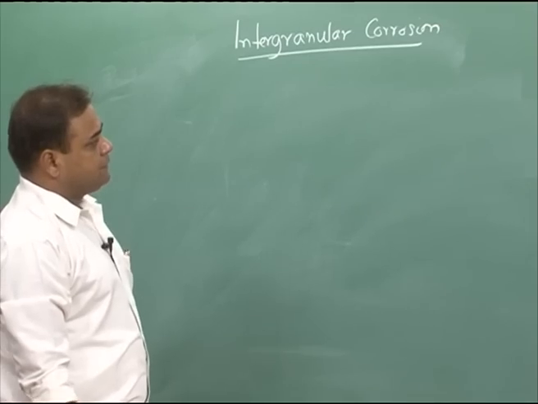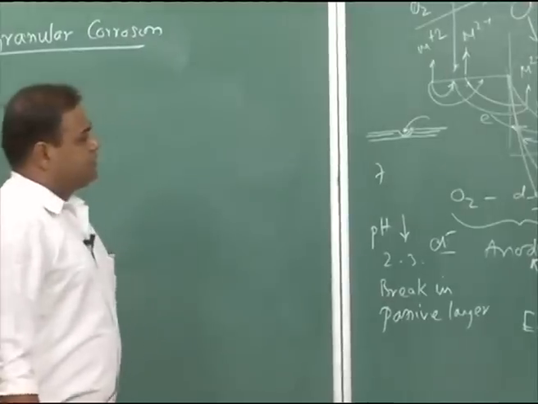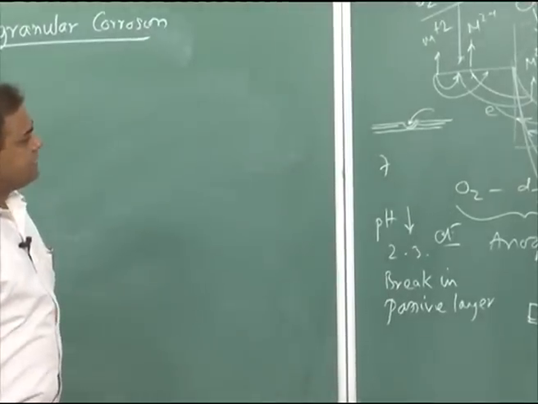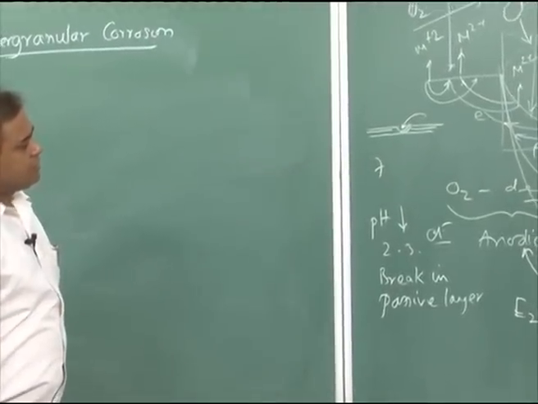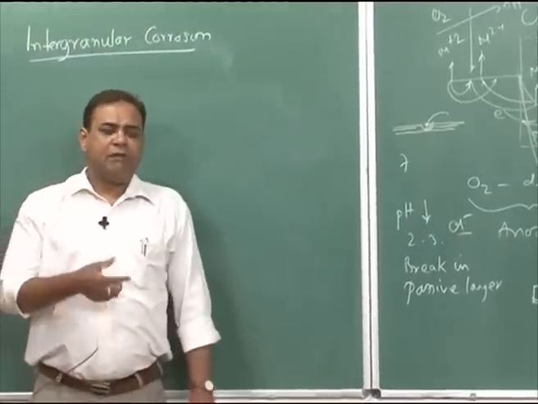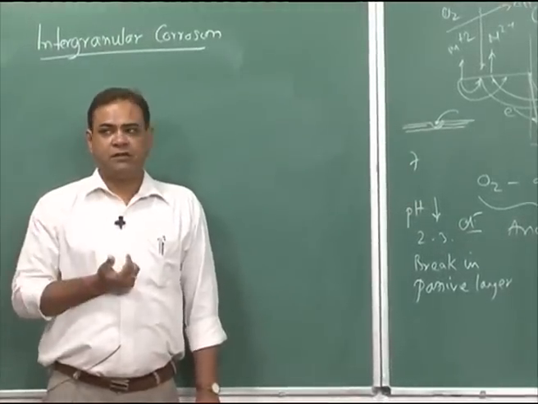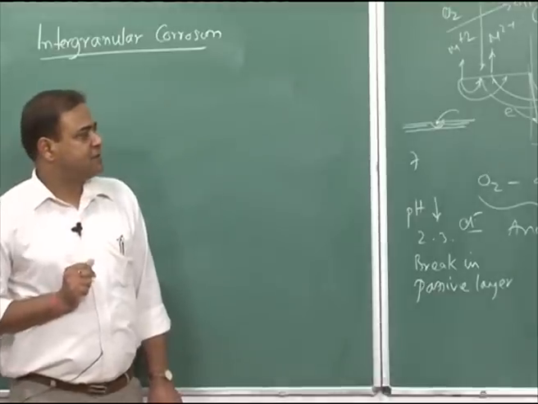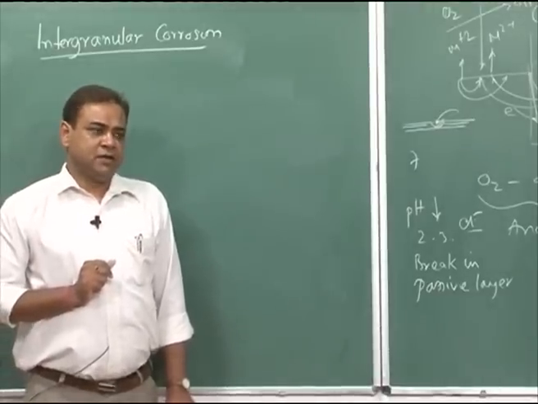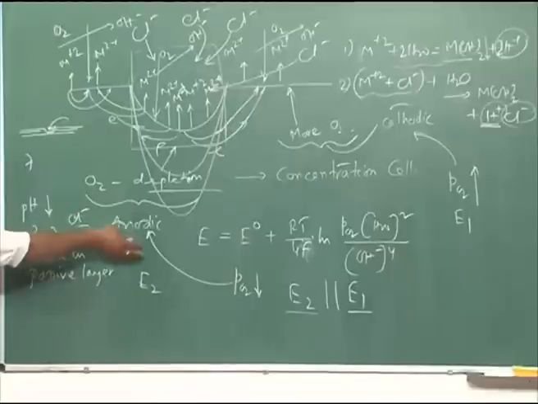Before that, I missed a point. Let us say this concentration cell effect is active in case of pitting. Now, we have seen that in case of corrosion, we have different forms, 8 forms, and there are different factors. One of the factors is the concentration effect. There we have the concentration cell, and we have seen how the concentration cell is forming.